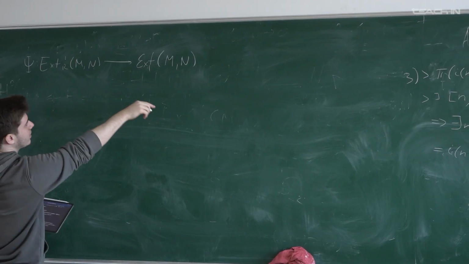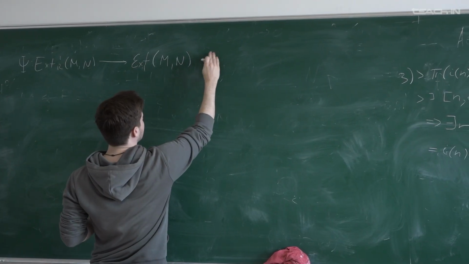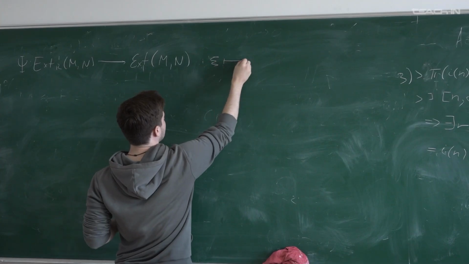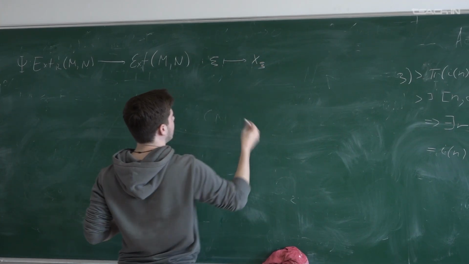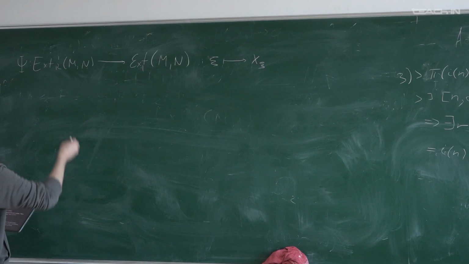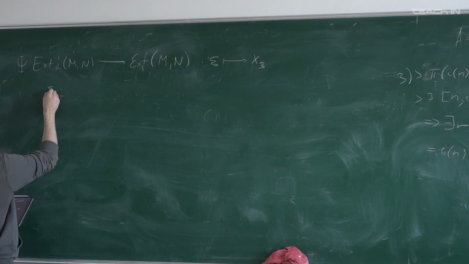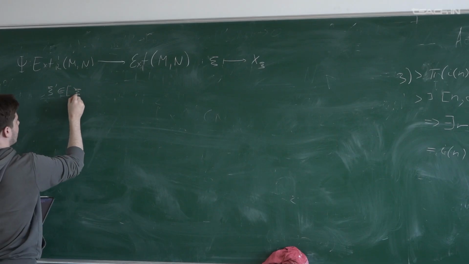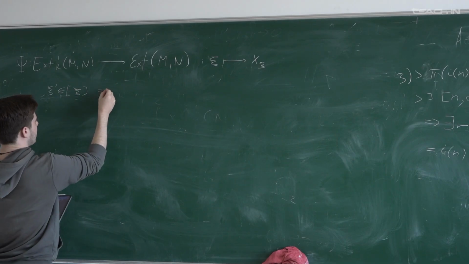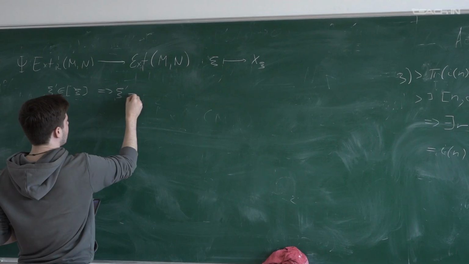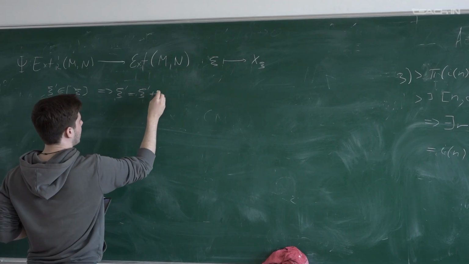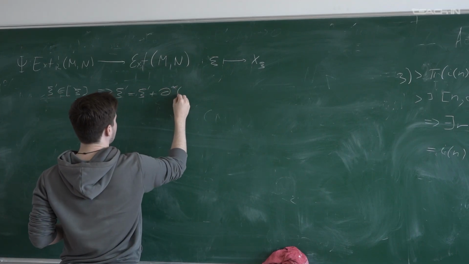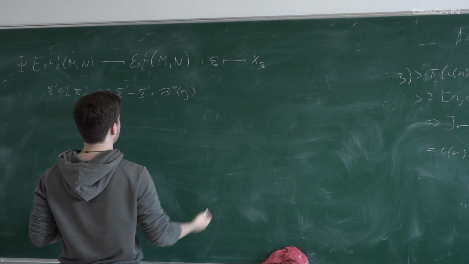Now we need to check that this map that we defined, which sends psi, is correctly defined. So we need to take another representative from our class. This means that psi prime is psi plus some boundary of some element.